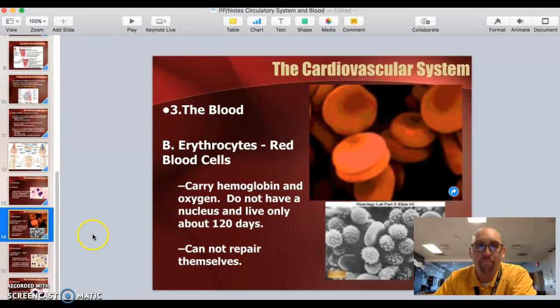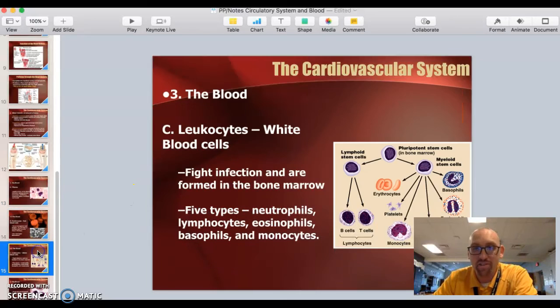The second part are what are called erythrocytes, or you can just write them as red blood cells. This is what actually carries the oxygen. These only last about 120 days. They don't repair themselves. Your body's constantly making these in the red bone marrow in your skeleton. So you have your plasma, which is the liquid part, and the red blood cells, which are carrying oxygen.